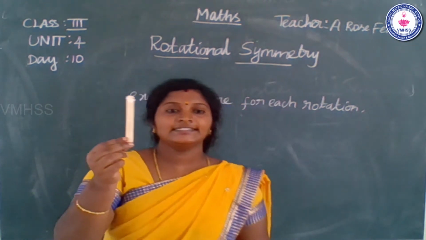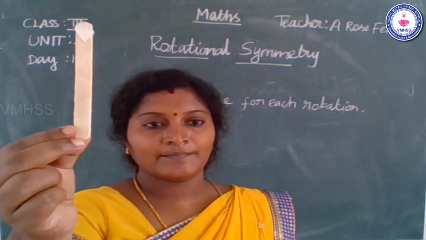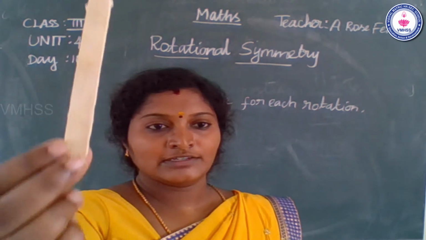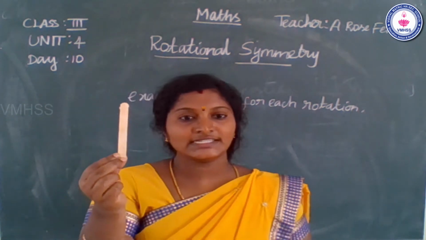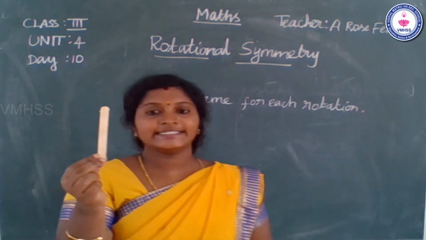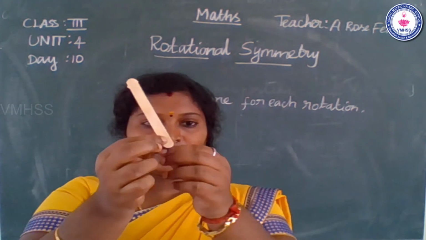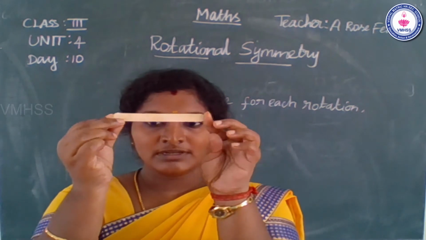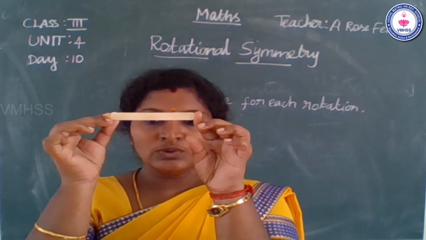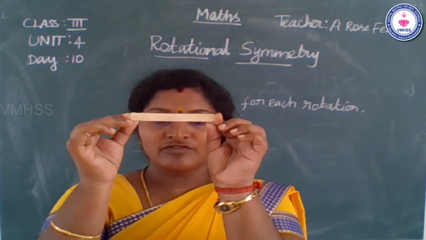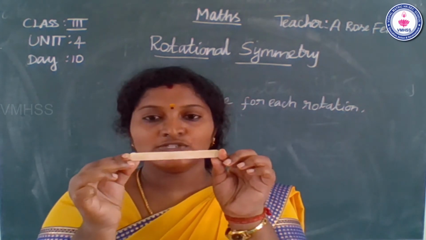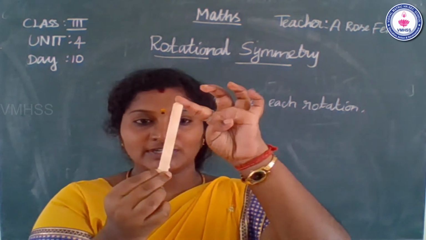See that. What is this, dear children? This is an eye stick. I turn it to the next side. Dear children, it looks exactly the same for each rotation, so it is called rotational symmetry.